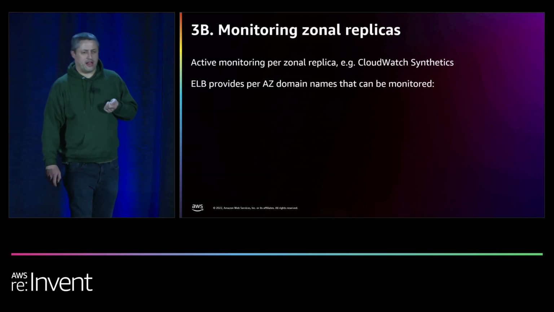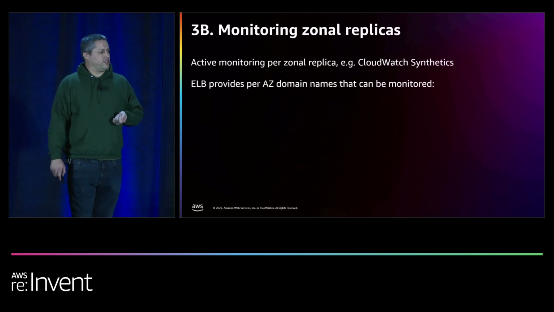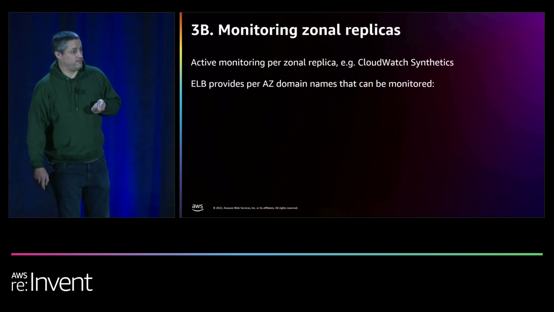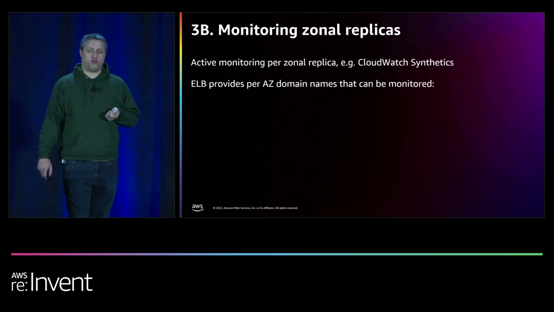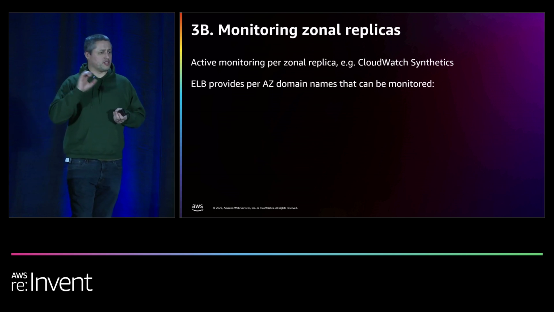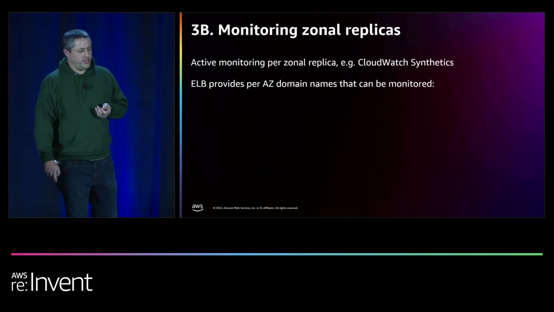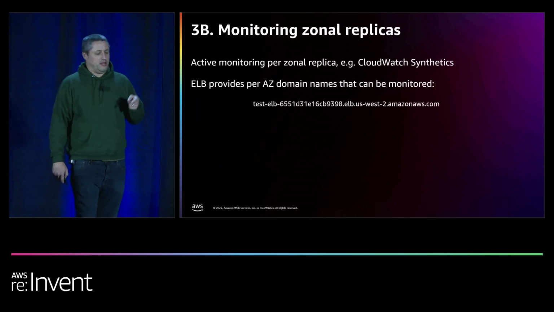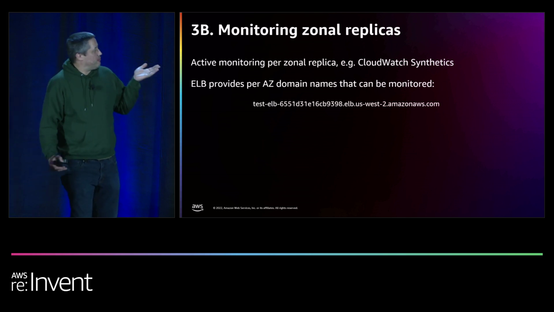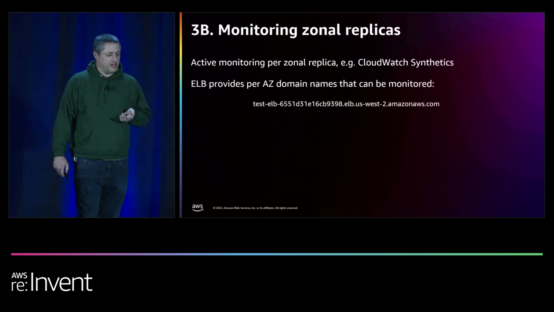A thing that we find really helpful to do is to run what we call canaries. And recently, CloudWatch brought out a product to do this in a managed way called CloudWatch Synthetics. So basically, Synthetics allows you to write a small piece of code which will be constantly making calls against your endpoint. On a typical ELB, you'll get a DNS name like that, and you might give it your own public name, obviously.